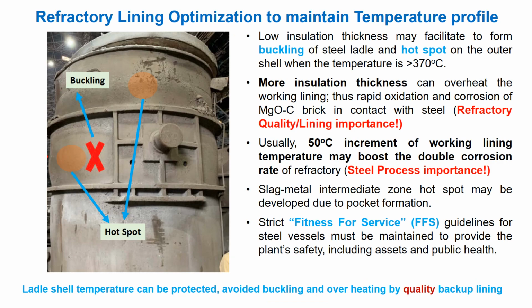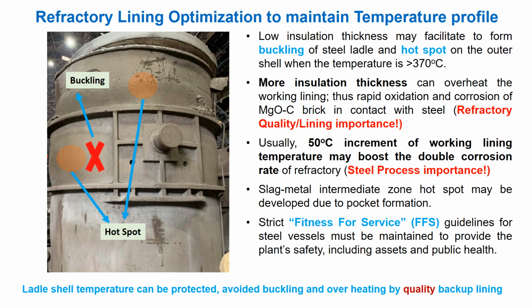A typical example of the necessity of refractory lining optimization is shown in the figure. Optimization design and lining pattern are important in the perspective of effective operation practice and energy efficiency, and optimum thickness enhances the refractory life.